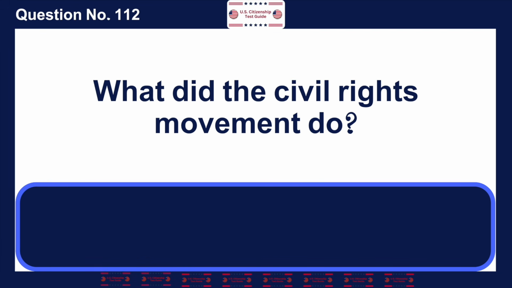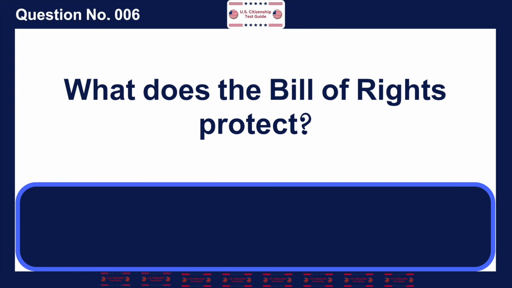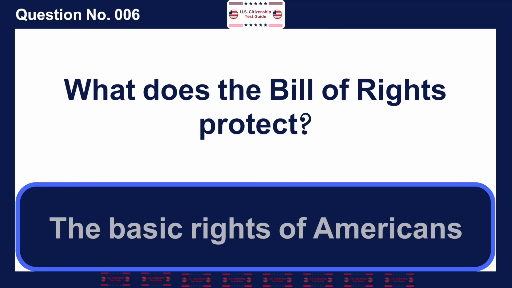What did the civil rights movement do? Fought to end racial discrimination. What does the Bill of Rights protect? The basic rights of Americans.